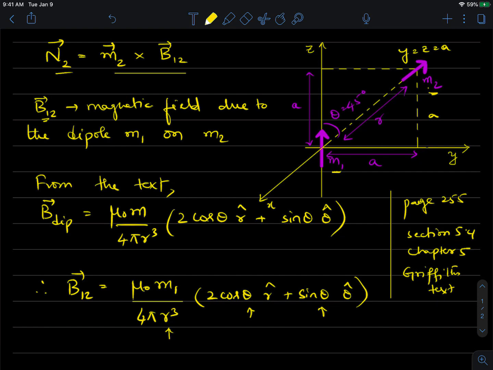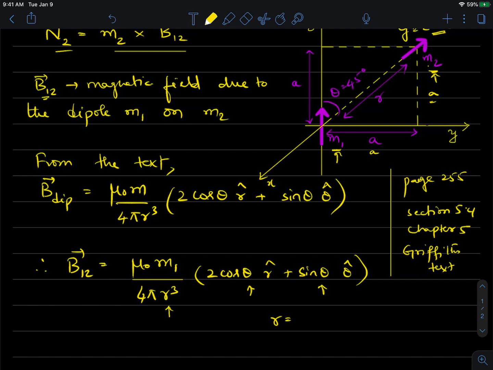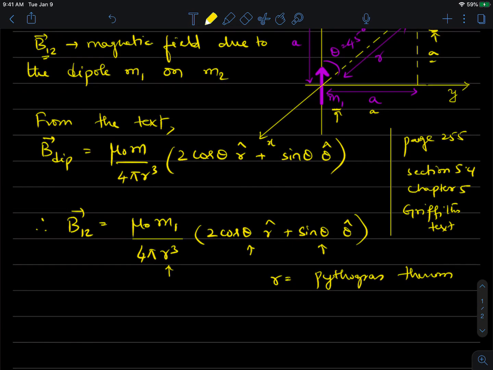We see that m1 is located at the origin, and m2 is located at a point where y equals z equals a. So this becomes a and this becomes a. Therefore you can find the value of r using Pythagoras theorem. Here m1 and r are both scalars in this equation, so you don't need the direction for them. The directions are covered by the unit vectors.